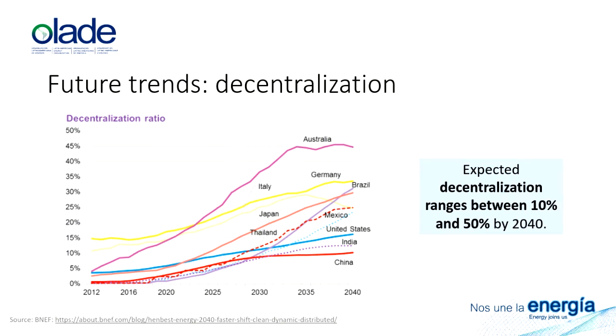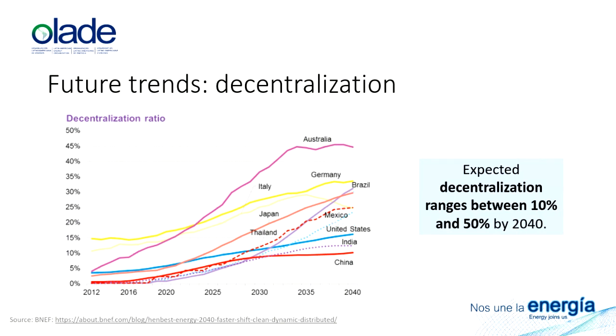If you look at this chart, we see here some countries in Latin America, such as Brazil and Mexico, of course, which are the ones that have the most growth in PV, and of course are the ones that have the biggest expectation going forward.